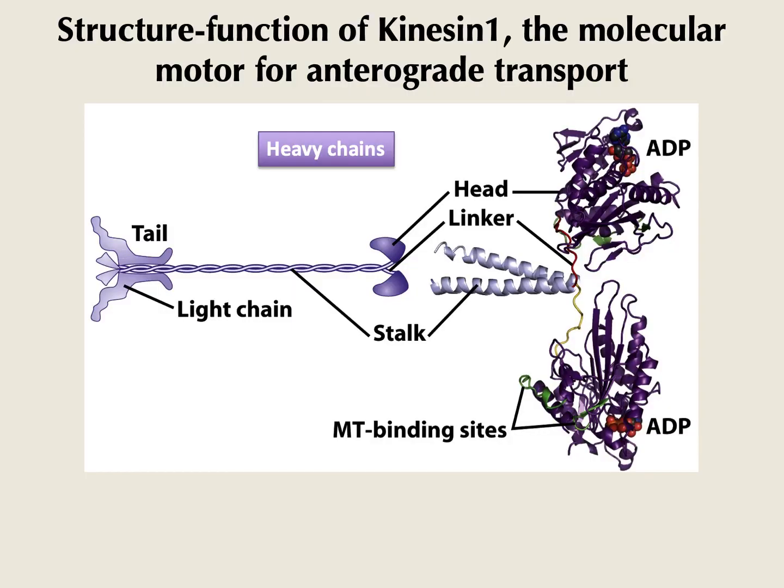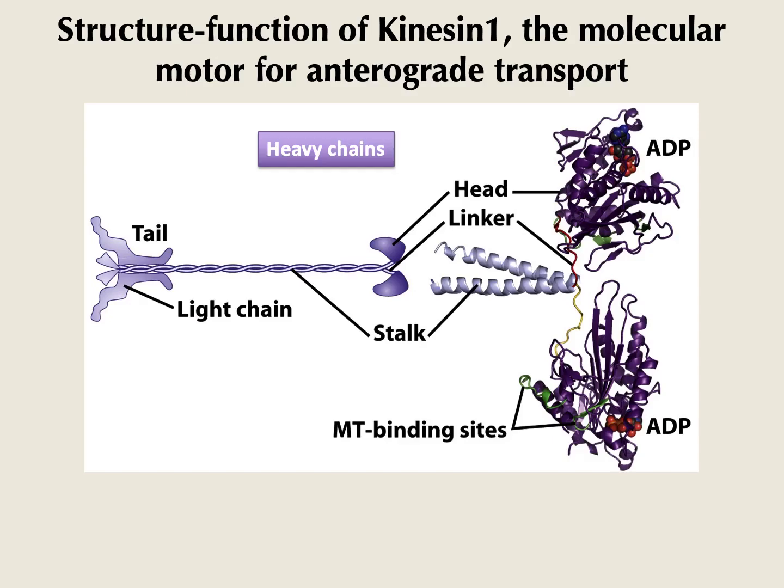The first motor we're going to briefly talk about is kinesins. I'm showing you a lot of details, but mostly I'd like you to get the essence of it, which is you have these globular heads, which is an important part. They are the ones to bind ATP, the nucleotide, so they can hydrolyze ATP. That means they can harness the energy of ATP, undergo conformational changes, and they're also the ones to bind to microtubule, similar to myosin.